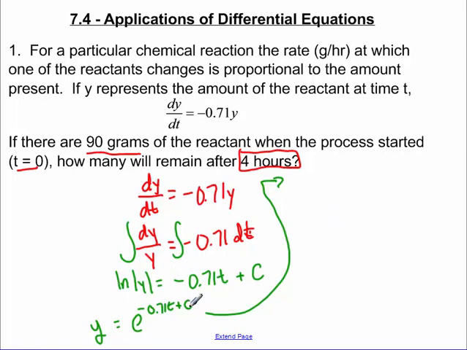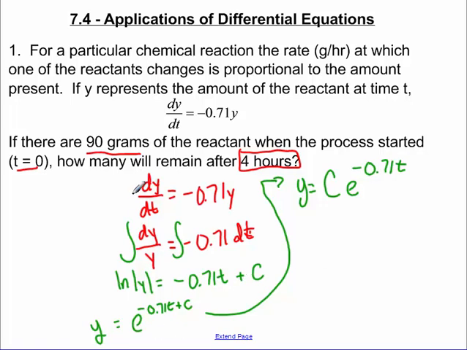Now remember, this is some new constant. When you're adding exponents, that's really like saying e to this piece times e to the c. So we can really write that now as some other constant, big C, like that.